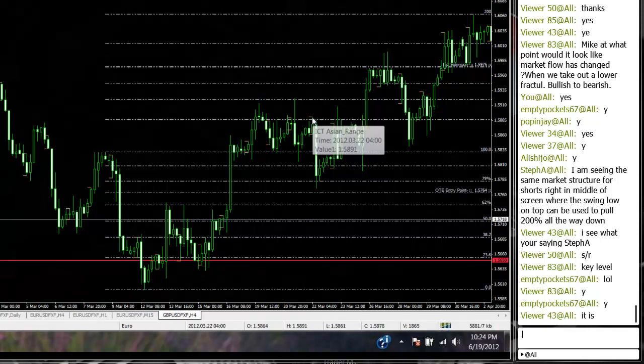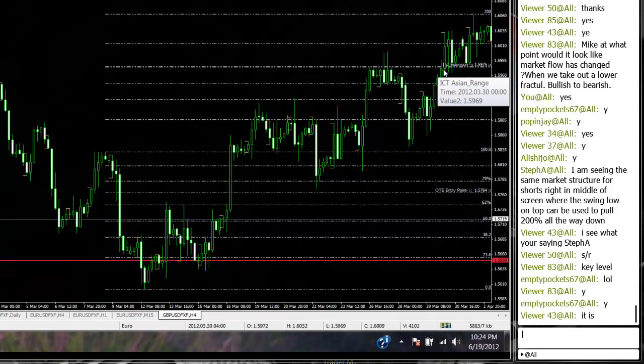Look how close the Asian range high is to that level here. Asian range high, right here. Asian range low. Asian range low.